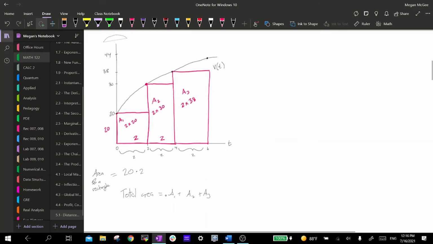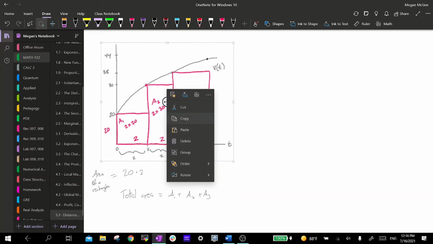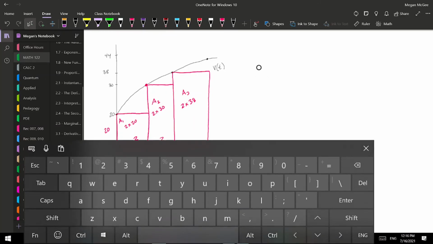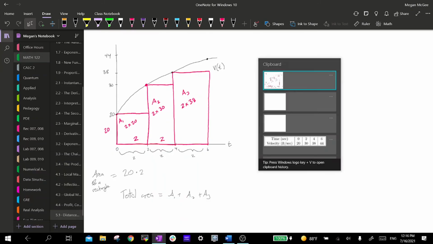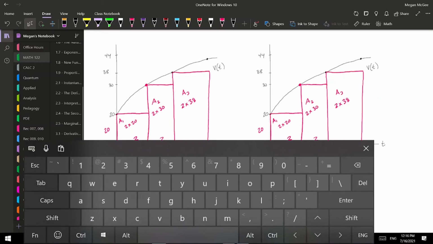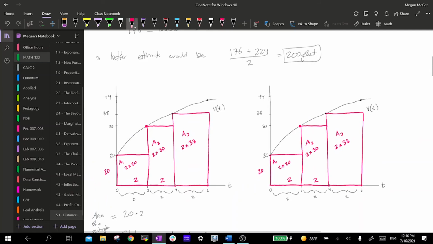Alright, so instead of completely making this graph crazy, I'm actually going to copy and paste it over here. There we go. Get rid of all of this.